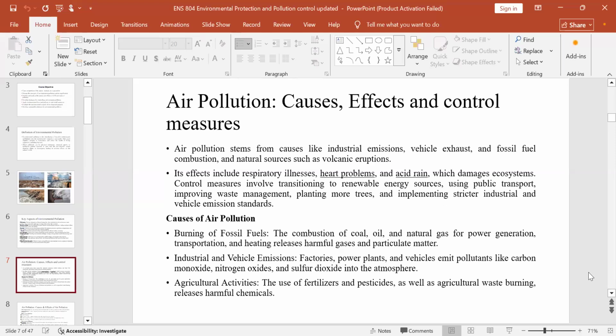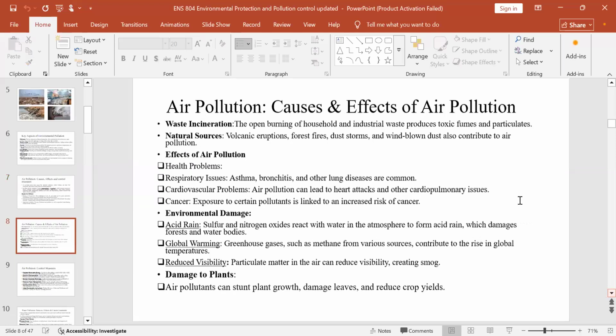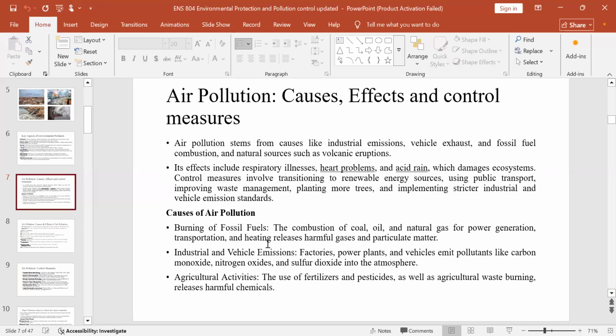So what are the causes of air pollution? One is burning of fossil fuels, like I said, always flaring gases. The combustion of coal, oil, and natural gas for power generation, transportation and heating releases harmful gases and particulate matter.